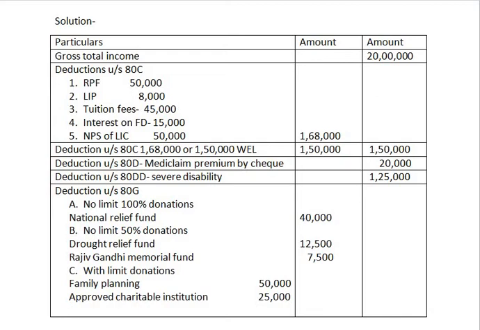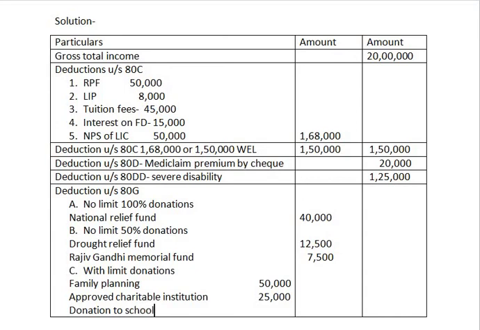Next is donation to a school included in tuition fees.